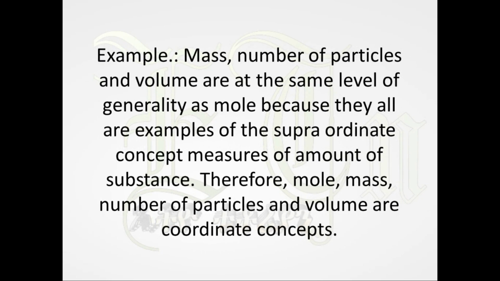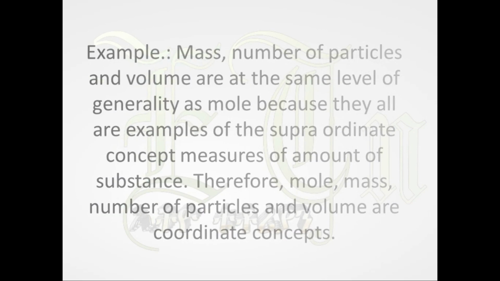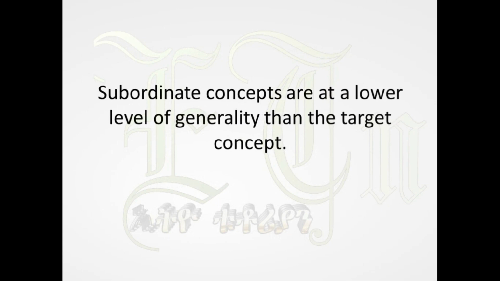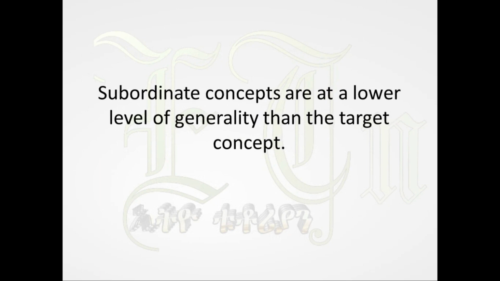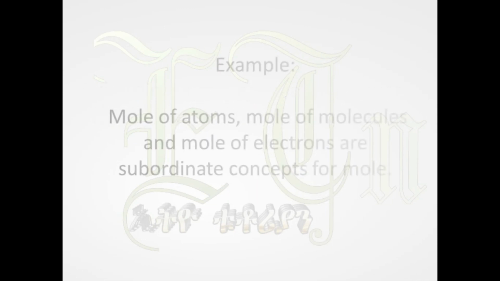Example: mass, number of particles, and volume are at the same level of generality as mole, because they all are examples of the supraordinate concept, measures of amount of substance. Therefore, mole, mass, number of particles, and volume are coordinate concepts. Subordinate concepts are at a lower level of generality than the target concept.